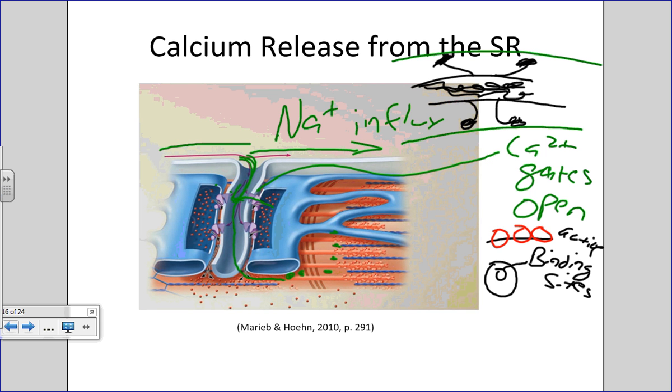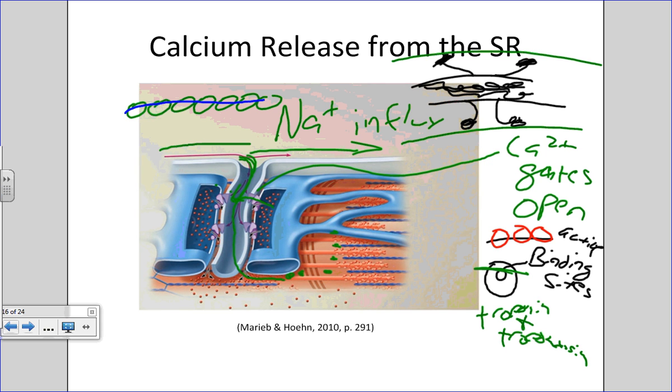But remember, resting actin has regulatory proteins covering these binding sites: troponin and tropomyosin. So let's say we've got all this actin here, and then we've got this tropomyosin coiled around the active binding sites, and then we'll throw a troponin in there.